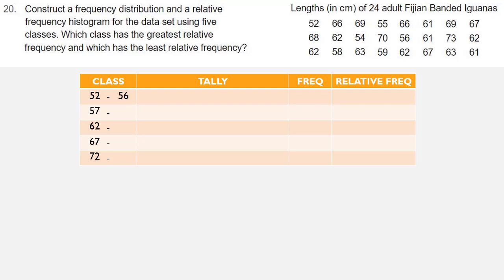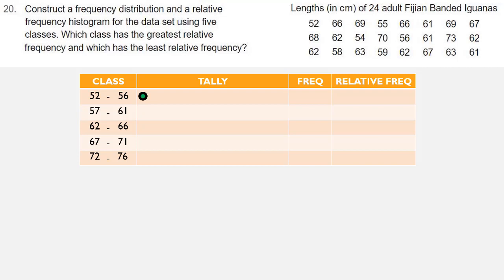Then we can add the class width of 5 to get subsequent upper class limits. So 56 plus 5 is 61. Add 5 again, 66. Add 5 again, 71. Add 5 again, 76. So now we have our classes defined, so we'll go through our data one at a time, putting them where they belong.